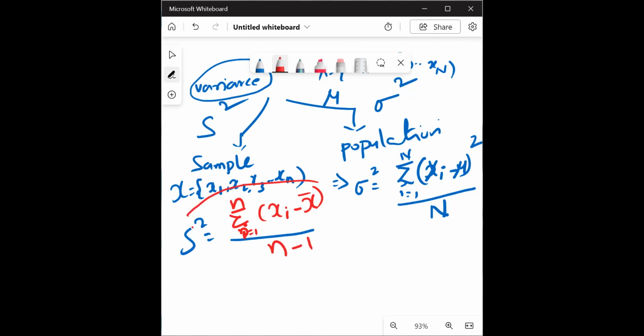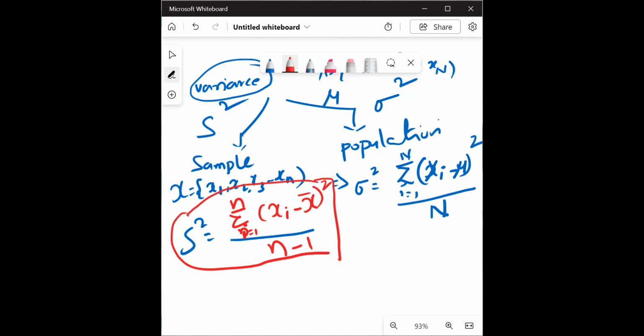I forgot to mention the square term. So this is the formula for sample variance. Clear, right?